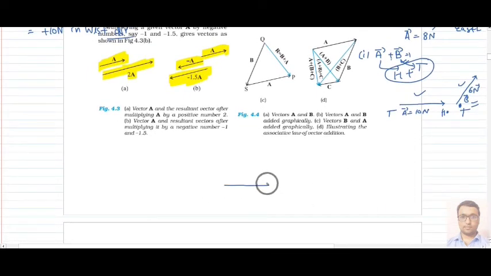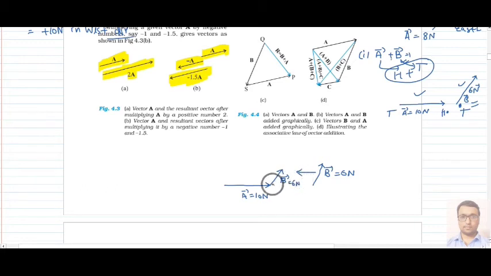Suppose here we have our first vector A, that is 10 Newton, and the second vector was this one, B, and it was 6 Newton. So in the same way we will just place B over here. Remember, the direction of B should not be changed, and this B is 6 Newton.